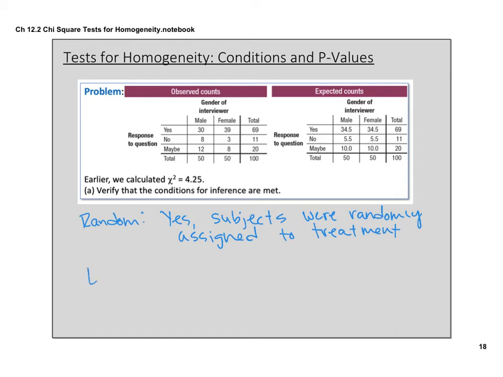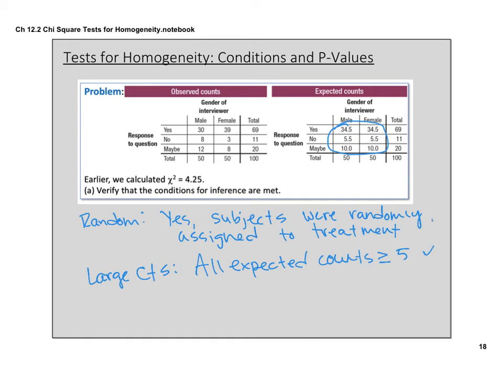But we do need to look at large counts. So from large counts, you need to look at the expected counts and make sure that they're all above 5. So you're looking at this data right here, and they're all good. So all expected counts are greater than or equal to 5.